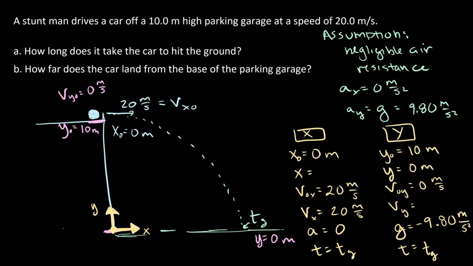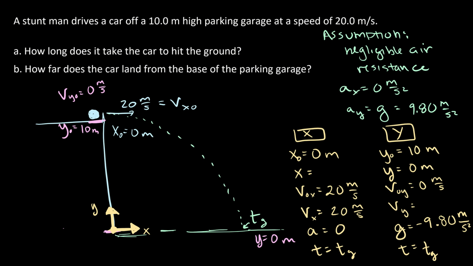So the time that it takes for this to hit the ground, remember, the x direction motion and y direction motion of a projectile is kind of uncoupled. You can analyze them separately. In free fall, since we're accelerating downward, that is what's going to dictate how long it takes to hit the ground.